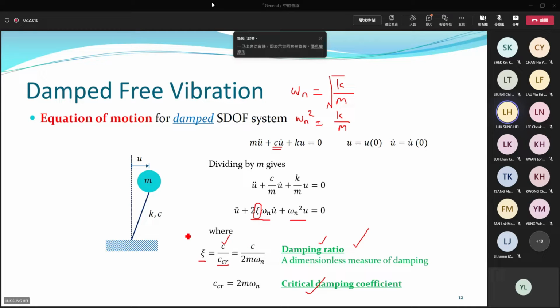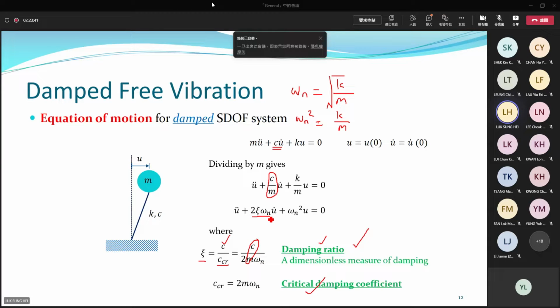So what is c over m? When you take a look at the definition of damping ratio, c over m is equal to 2 times omega n times damping ratio.